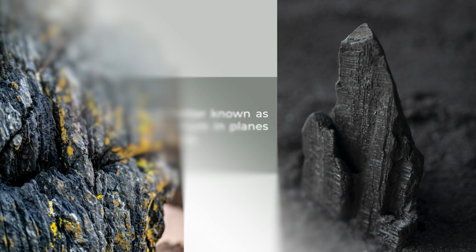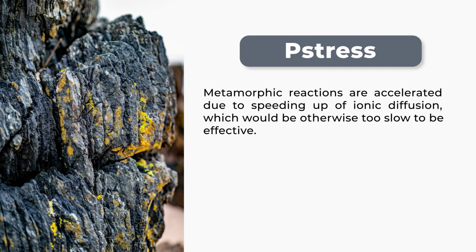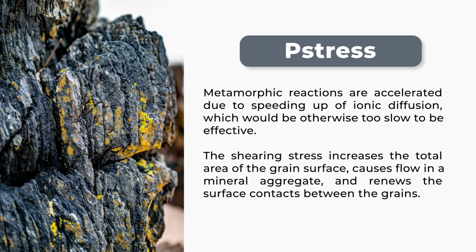So because of this directional stress, metamorphic reactions are accelerated due to speeding up of ionic diffusion, which would otherwise be too slow to be effective. Now, this shearing stress increases the total area of the grain surface, causing a flow in the mineral aggregate and renews the surface contact between the grains.